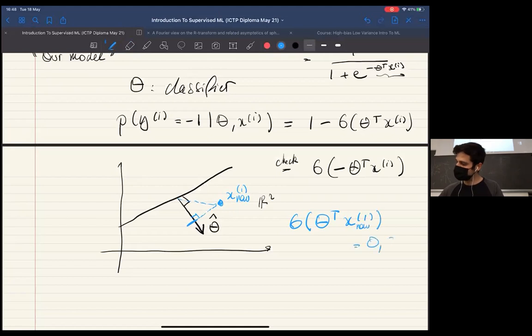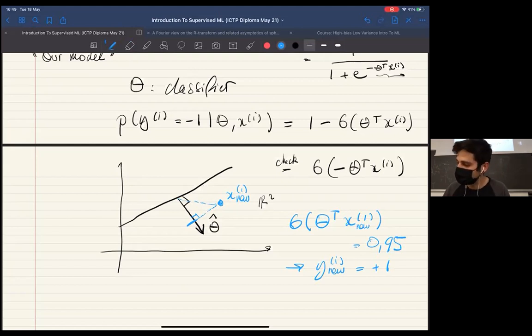Let's say this is 0.95. Very naturally, you will select an associated label by taking +1. But at the same time, you know that you are confident in your decision.